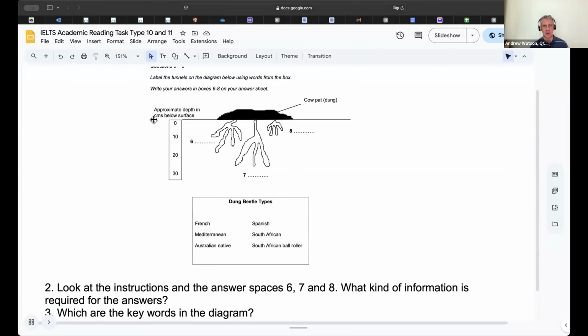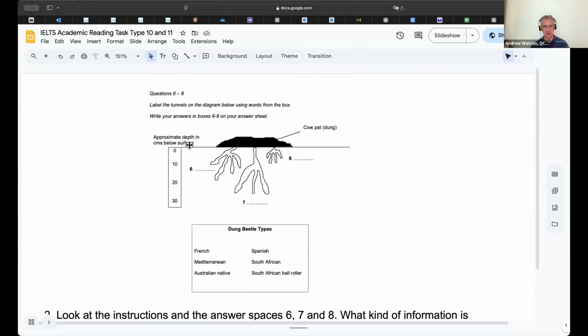CMS, centimeters. That looks like it could be a key word, right? Also, maybe the word tunnel, tunnels. Yeah. Tunnels and centimeters are probably going to be the key words.